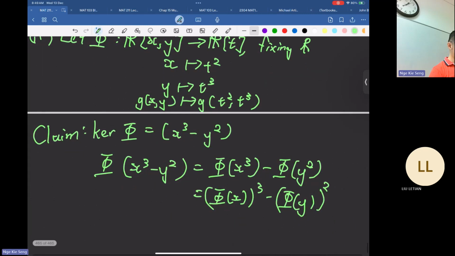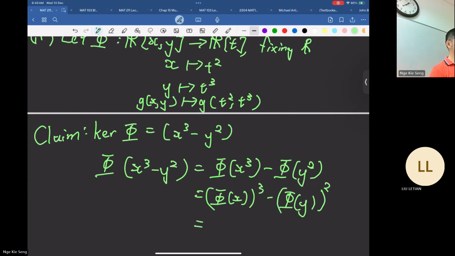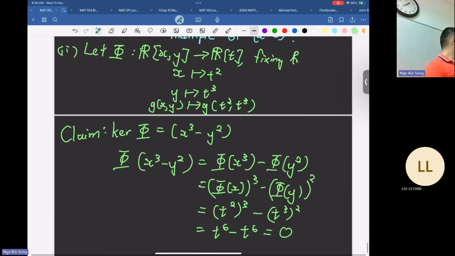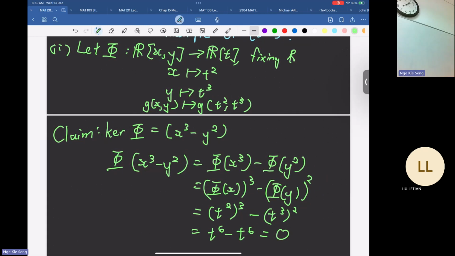But what's phi of x? It's t squared, so t squared cubed. How about phi of y? It's t cubed, to the square. So both of them give t to the power 6, which cancel out. Of course, you need to prove this claim, like just now.